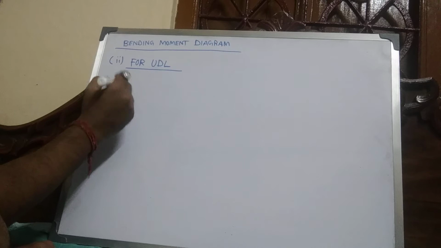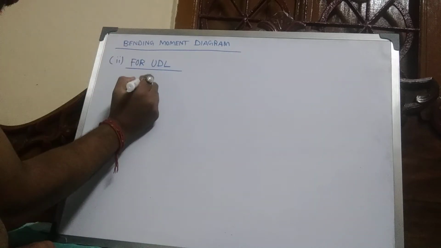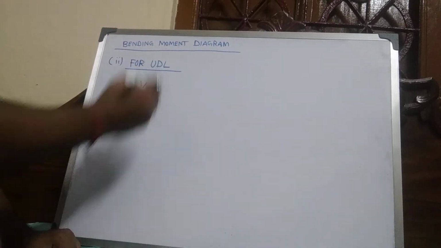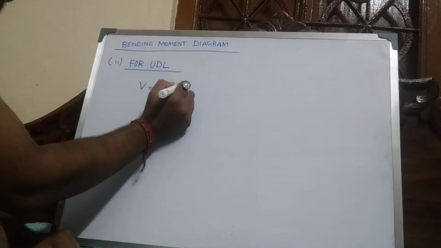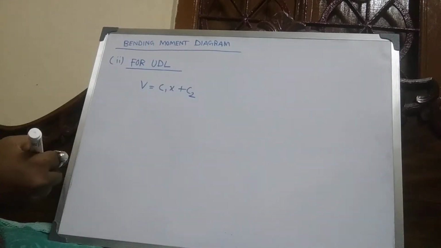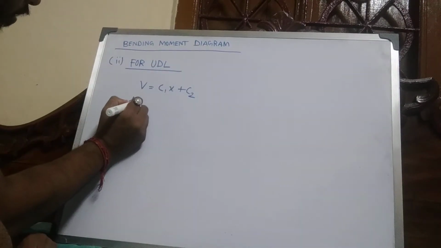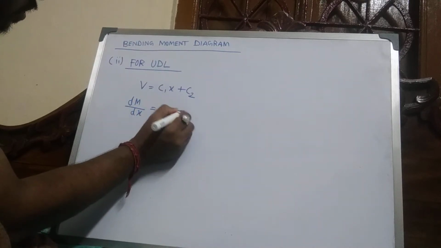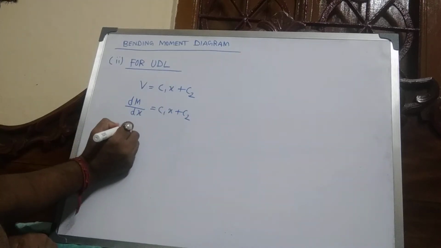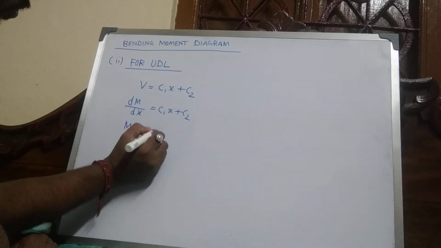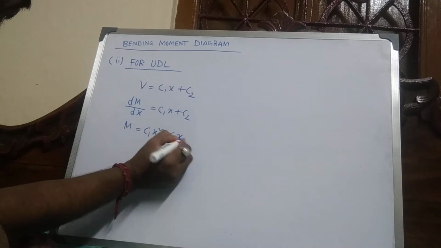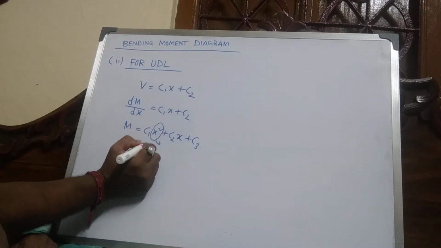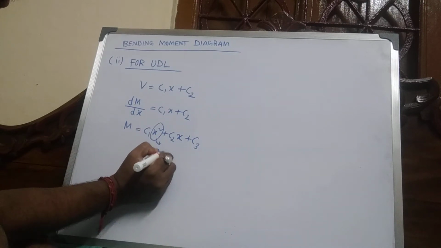We know for UDL, shear force is an inclined straight line, V equals C1 x plus C2, with dM/dx equal to C1 x plus C2. Integrating, we get C1 x squared plus C2 x plus C3. This is a second order parabolic equation.